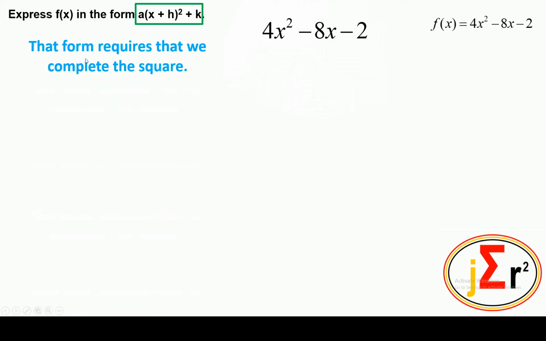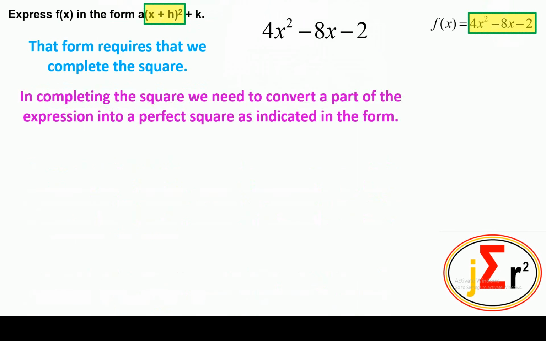That form requires that we complete the square as we mentioned before. In completing the square, we need to convert a part of the expression into a perfect square as indicated in the form. The form contains a perfect square right here. Therefore, we need to arrive at a perfect square from this expression.